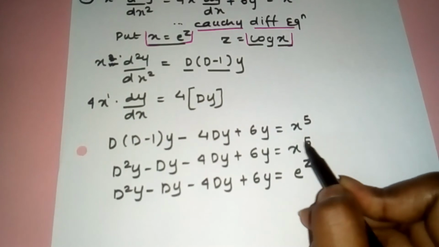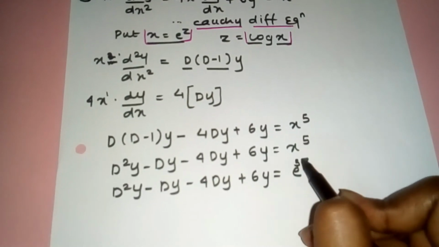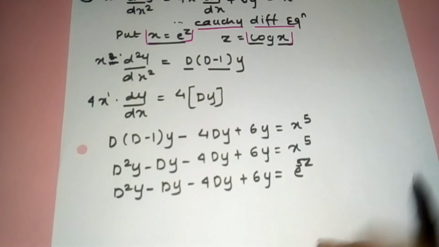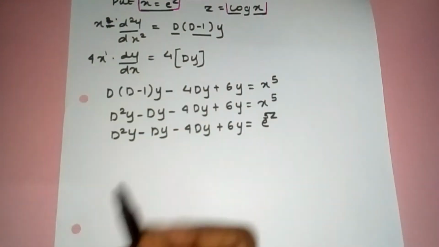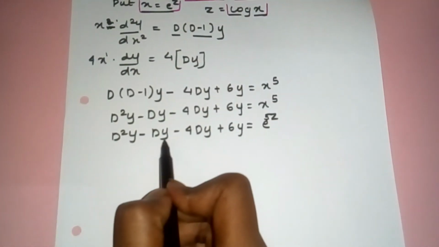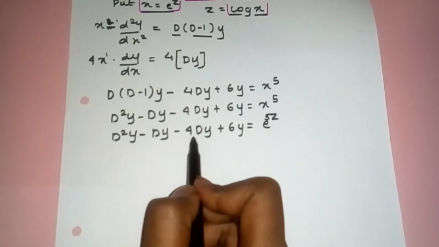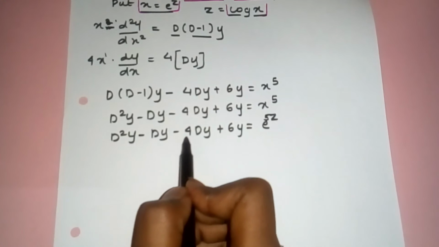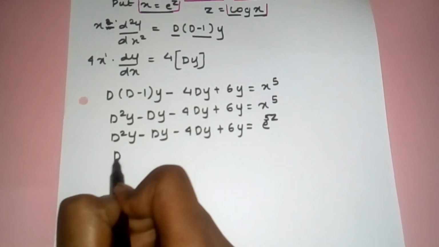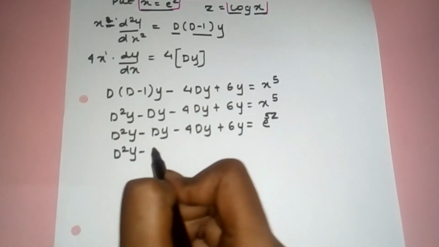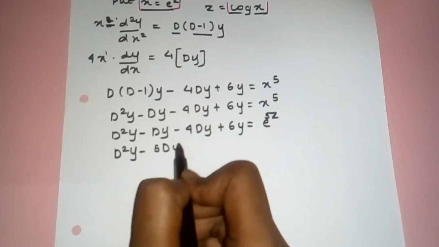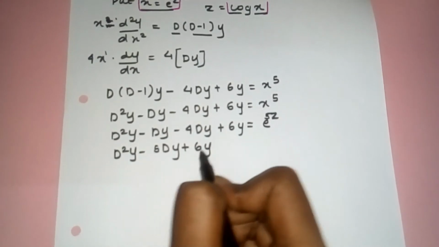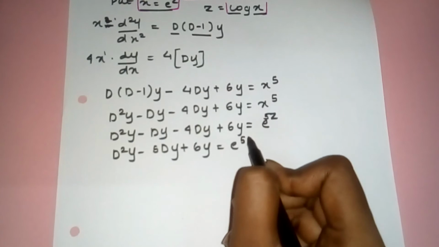Now it is raised to 5, so e raised to 5z is what we write over here. Okay, now minus 1 minus 4 will be minus 5. So it will be d square y minus 5 dy plus 6y is equal to e raised to 5z.